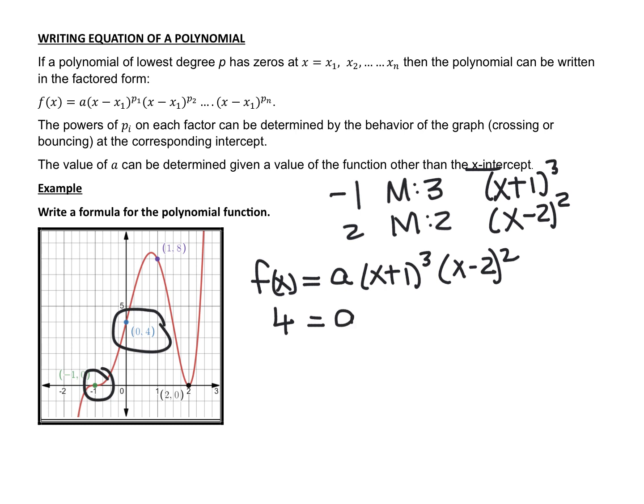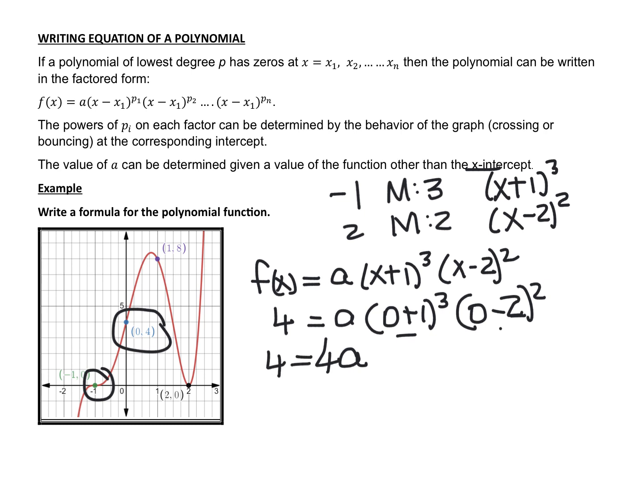That's 0 plus 1 cubed, and then 0 minus 2 squared. What am I going to get? This one is just going to be 1, and this is going to be 4. So that's 4a equals 4, and a equals 1.